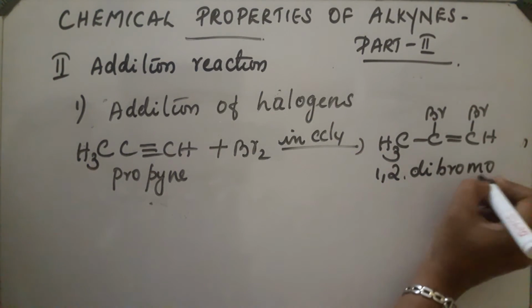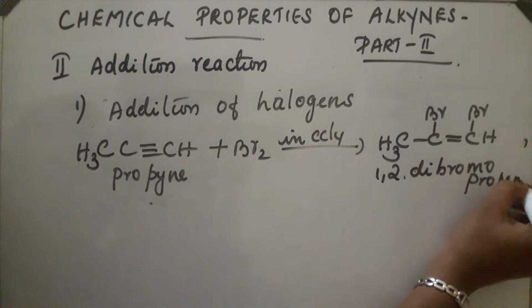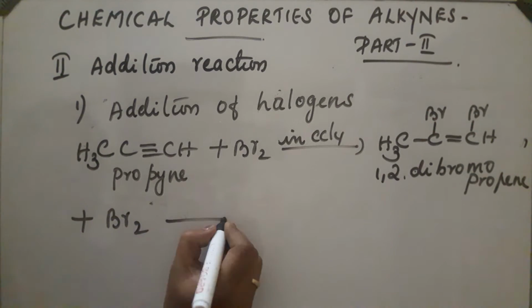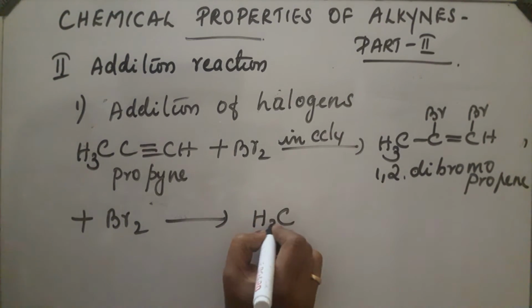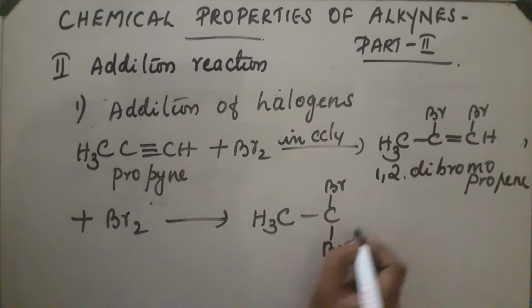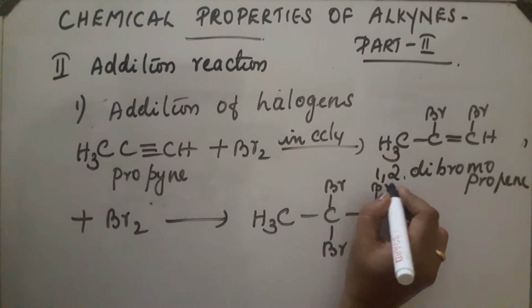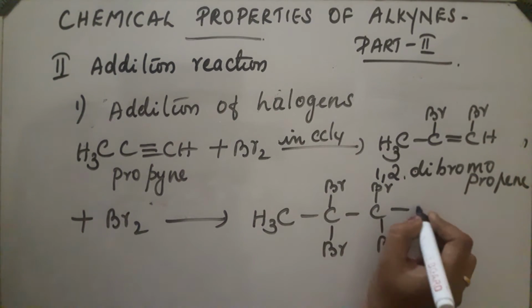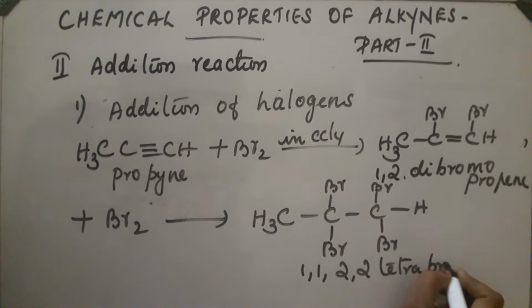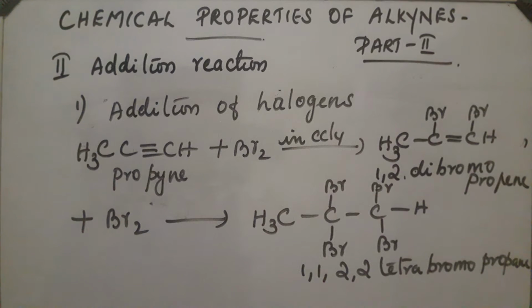Again, one more Br2 molecule reacts, and it gets converted into propane, with four Br atoms attached. So this will be 1,1,2,2-tetrabromopropane. This is another reaction, addition of halogens.